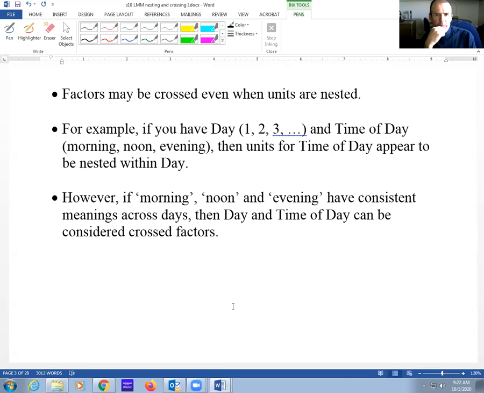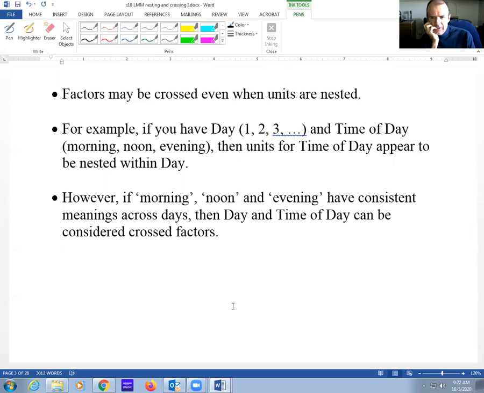Or when would they be nested? You can look at it either way. Like if every day had every time of day in it, then they would be crossed.